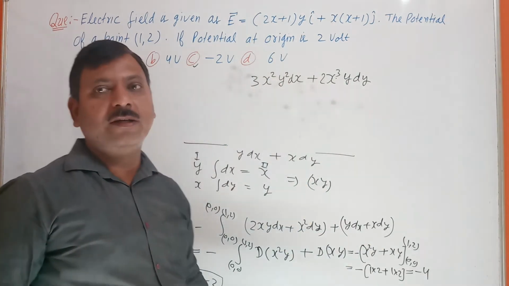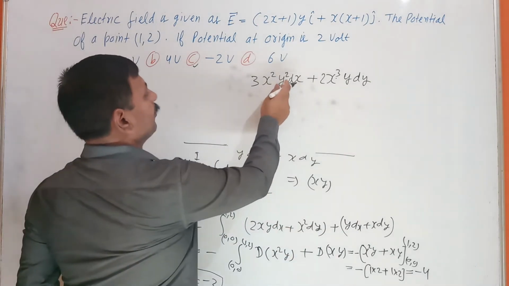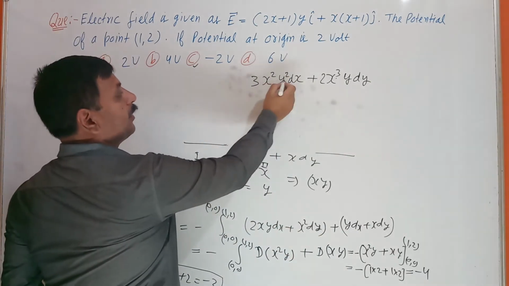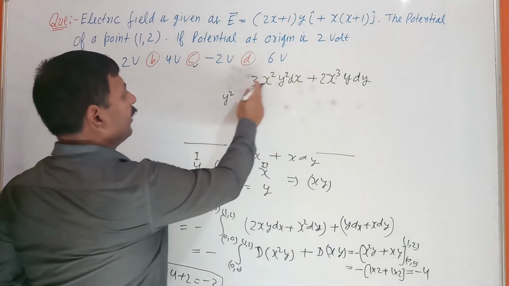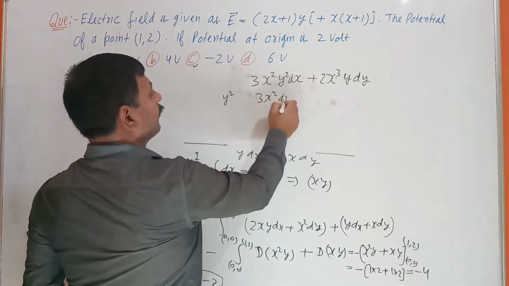How can we check? I have given an example. Suppose y square I have taken here, separate function is y square, so y square we will separate it. The remaining is what? 3x square dx.